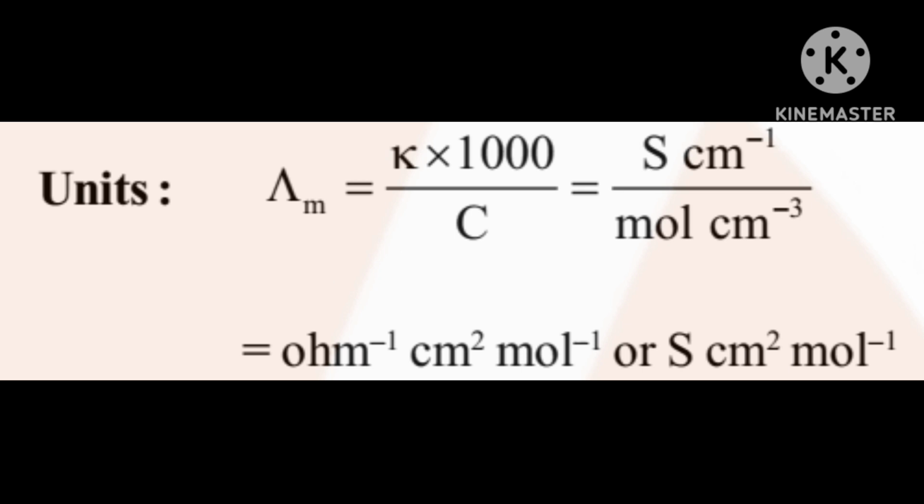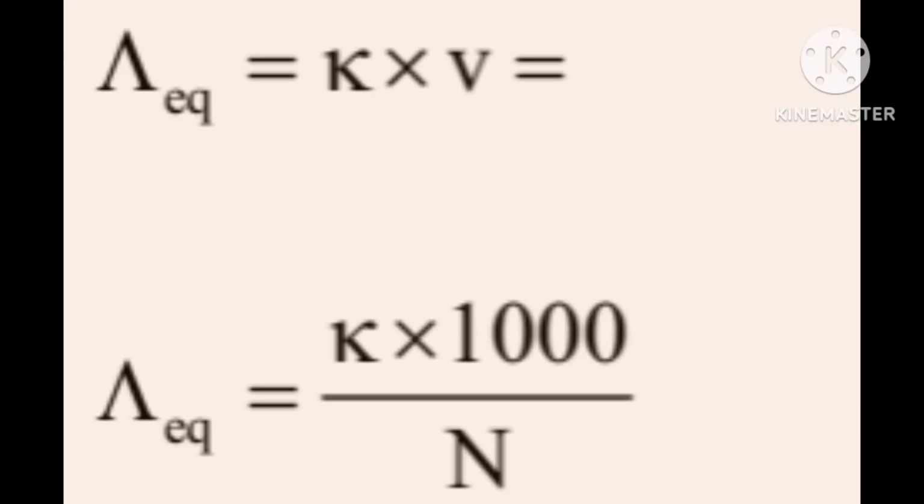Then the maximum dissociation will be there, that is the Λm⁰. That is the maximum, the conductivity at zero concentration or infinite dilution. That time the maximum conductivity will be there.